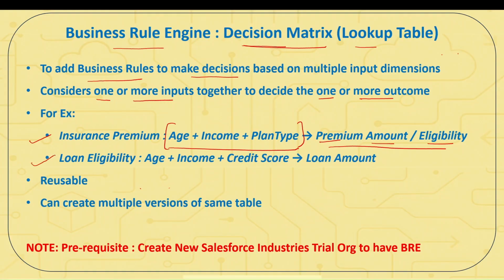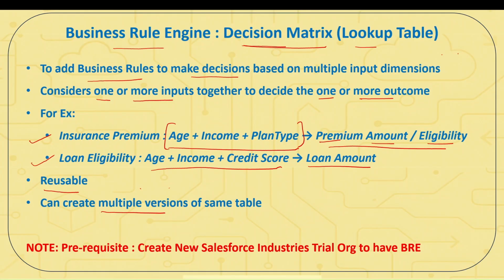Another example, if someone is applying for a loan, whether the end user is eligible or not for the loan. If he is eligible, what maximum loan amount can be sanctioned based on the input provided. Likewise, all the rules can be stored in the decision matrix so that we can further use it to make some decision. All matrices are reusable and we can create multiple versions of the same table. This is the introduction of decision matrix.